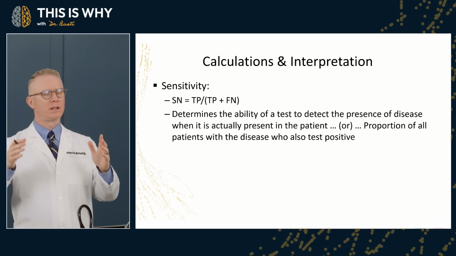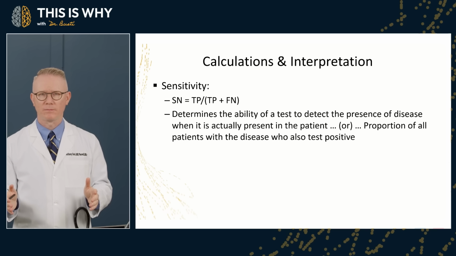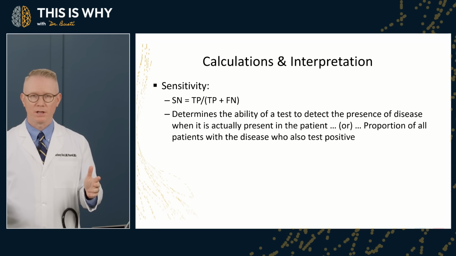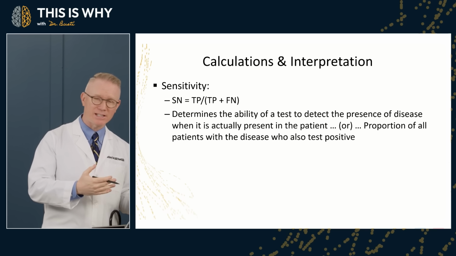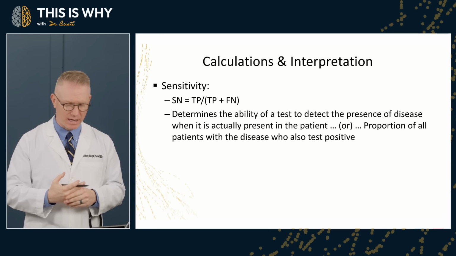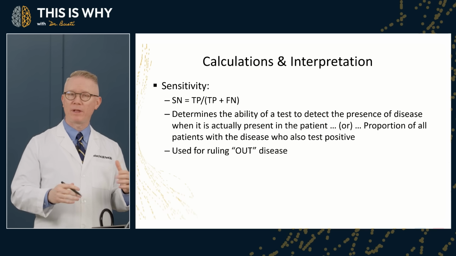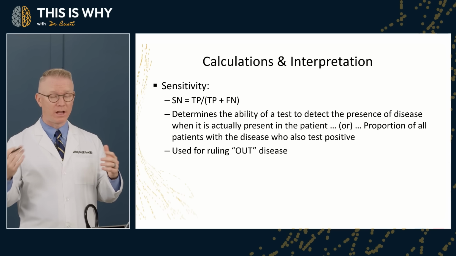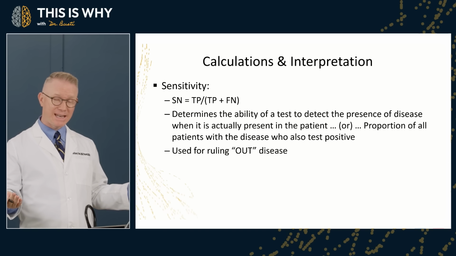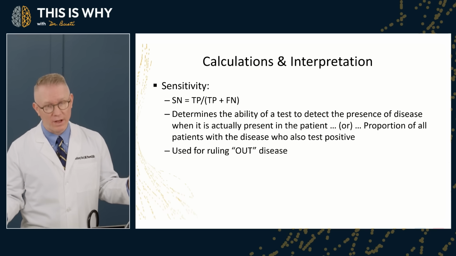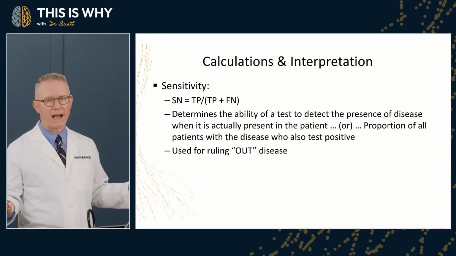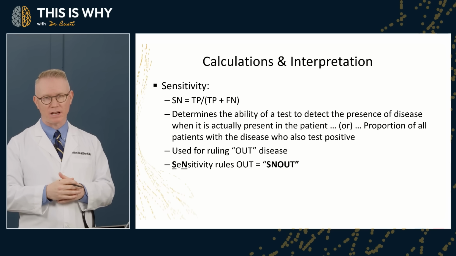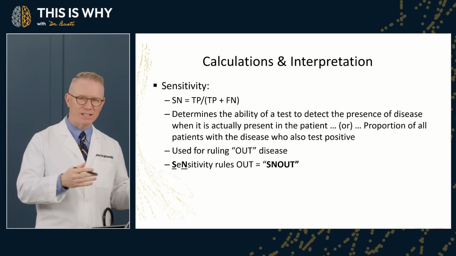You want that number to be as high as possible, so that the sensitivity is 100% and there are no false negatives. So when we think about a test that has good sensitivity, guys, this is about helping us to rule out a disease. Because if you have a 100% sensitive test and it's negative, then there are no false negatives with this test. You've ruled it out.